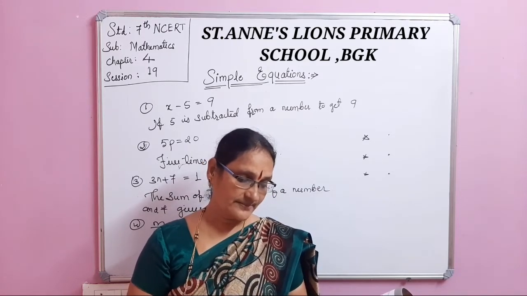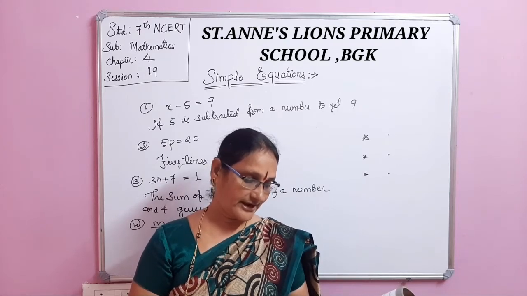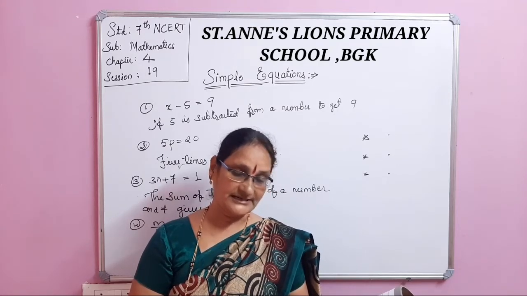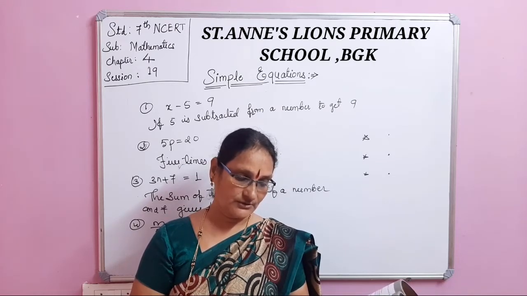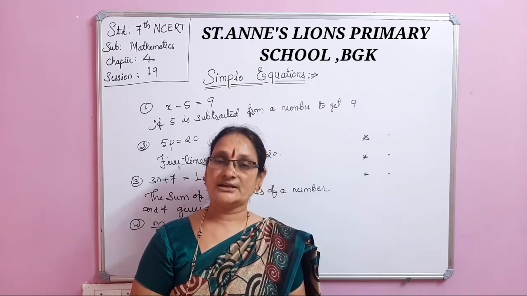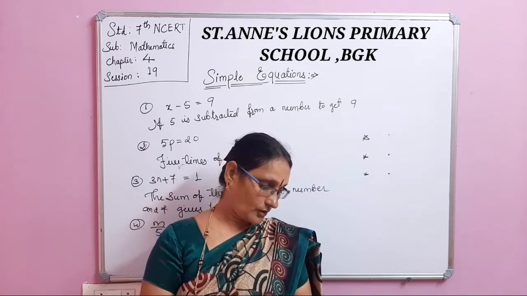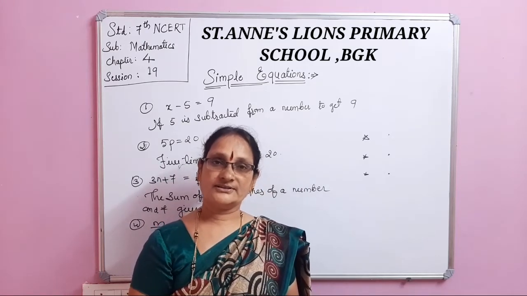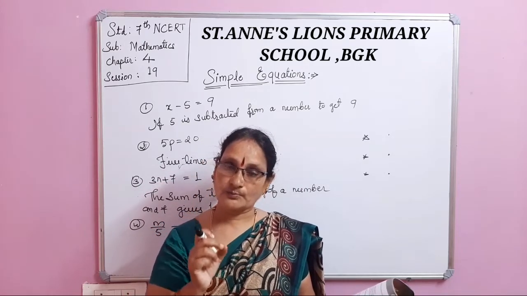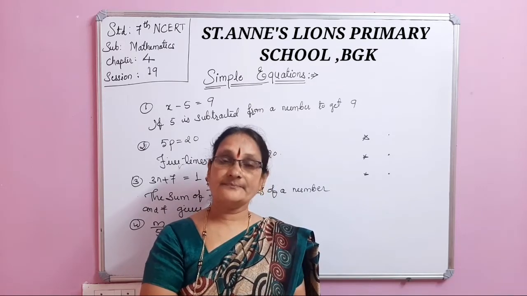An equation remains the same when the expressions on the left and on the right are interchanged. This property is often useful in solving equations like this. 1, 2, 3, 4 points I made you to mark. So, first you have to write these all 4 points and then you can go for the exercise.